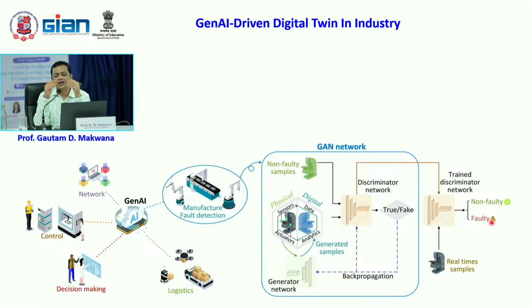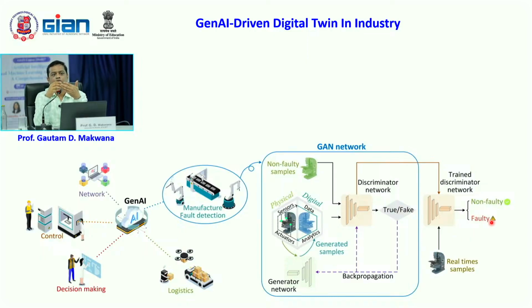There are two kinds of fault: external fault and internal fault. A physical fault can be identified by inspection, but an internal fault is very difficult to identify.